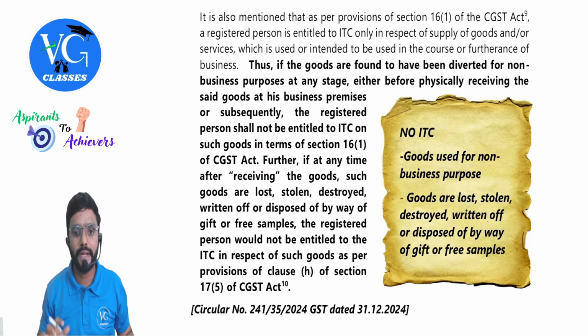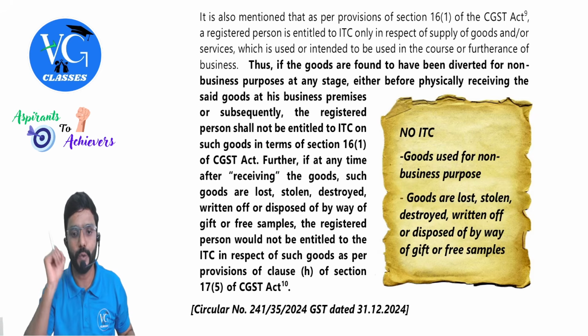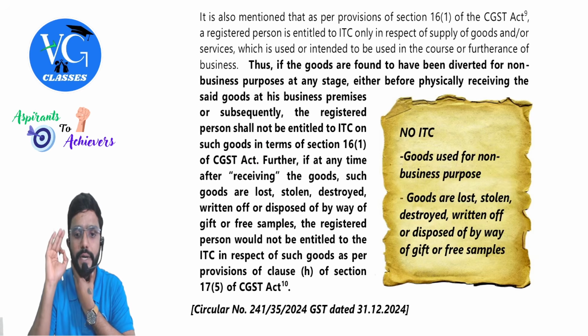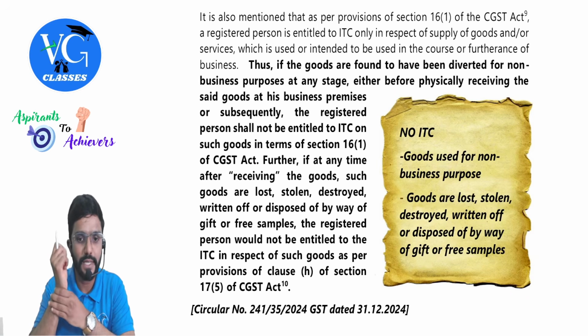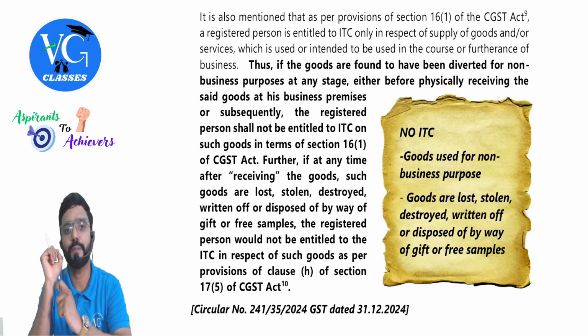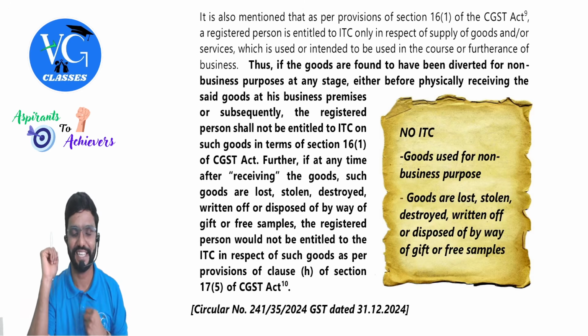Further, if at any time after receiving the goods, such goods are lost, stolen, destroyed, written off, or disposed of by way of gift or free samples, the registered person would not be entitled to ITC in respect of such goods as per the provisions of clause H of section 17 subsection 5, which talks about blocked credits.